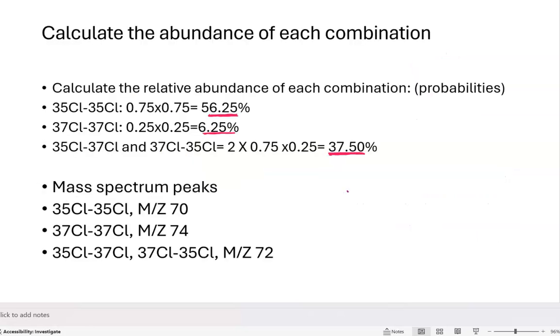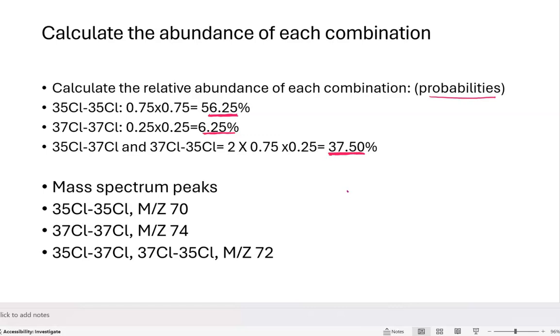Now calculate the relative abundance of each combination using probabilities. The combination of 2 atoms of chlorine 35 isotopes gives a percentage abundance of 56.25%.